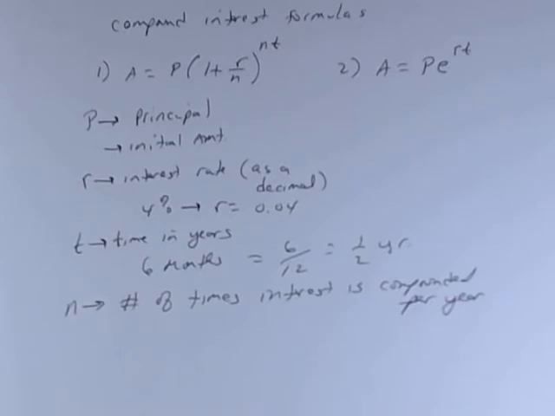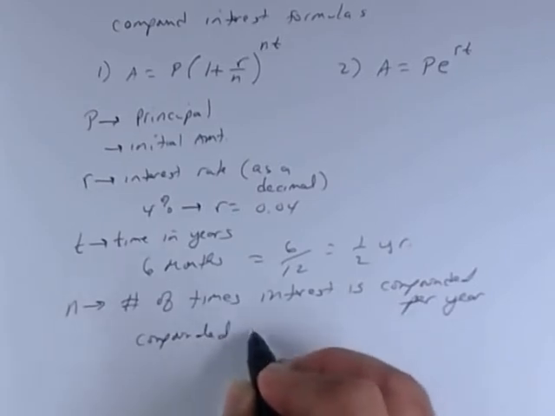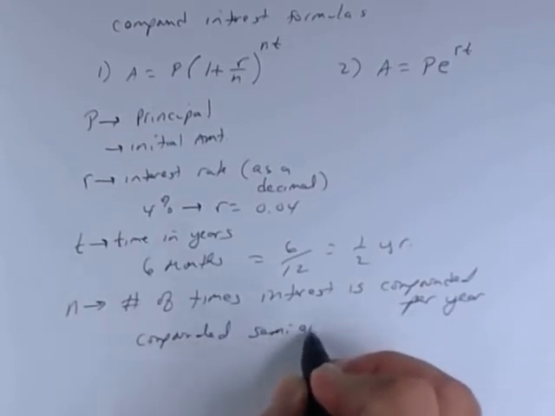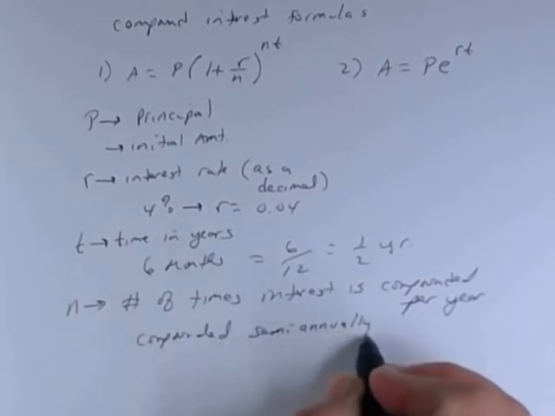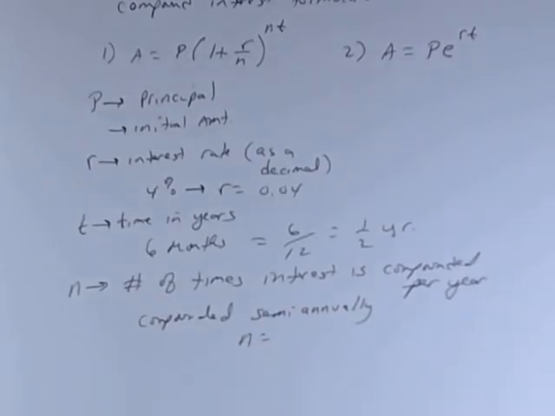So this is not simple interest. This is compound interest. So listen carefully: if you're told it's compounded semi-annually, that means how many times a year? 2.